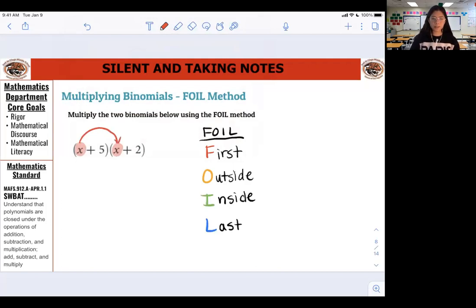X times X, x squared. Because remember, these have an invisible 1. So when I put them together, I add the exponents, I get x squared. That's F.